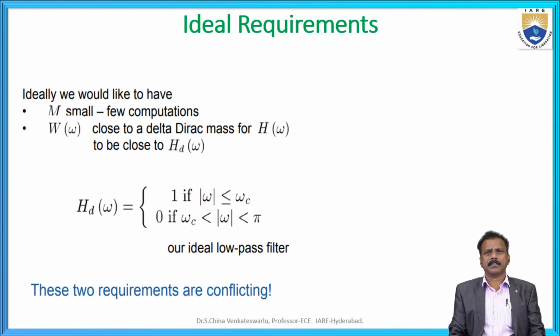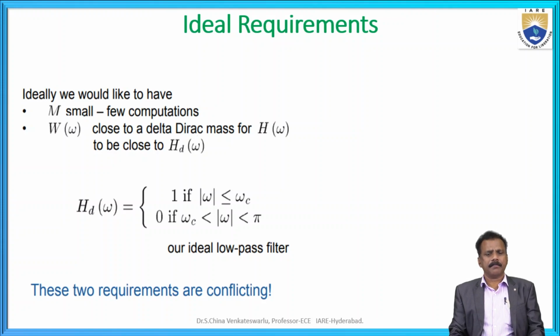Next, the ideal requirements for designing our digital FIR filter. We have to follow these ideal requirements. Ideally, we would like to have a small capital M, few computations, and W of omega close to a delta Dirac, for H of omega to be closer to S_D of omega.